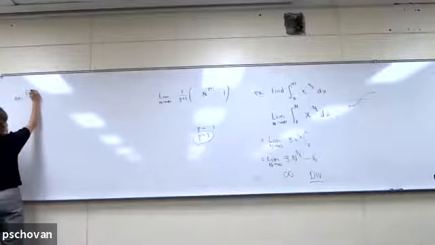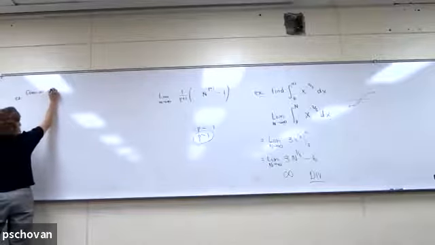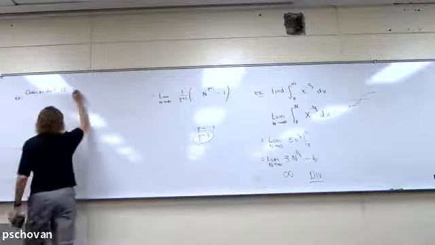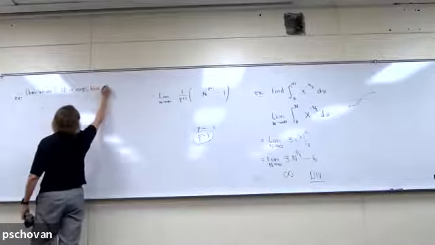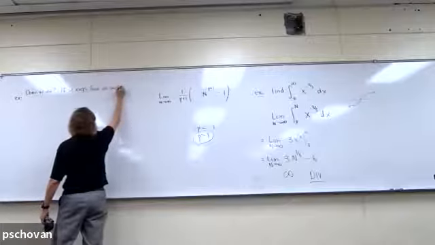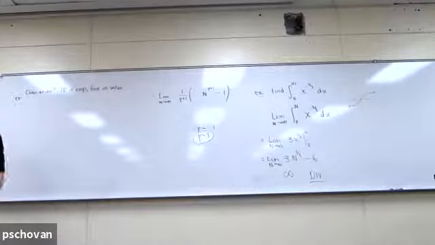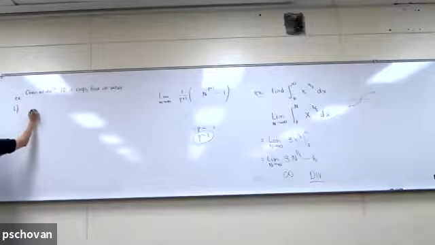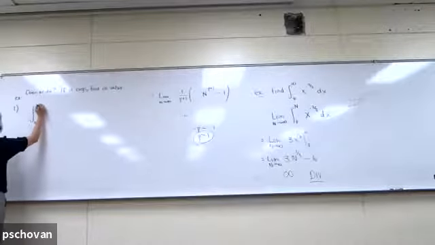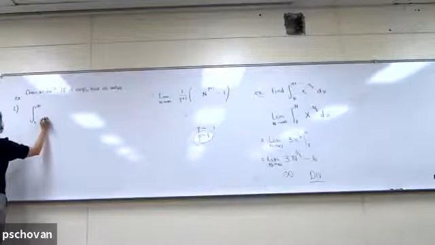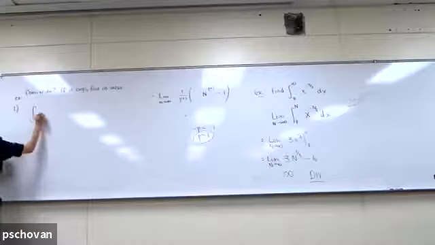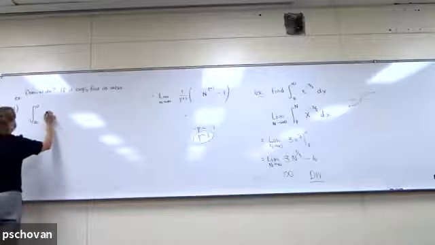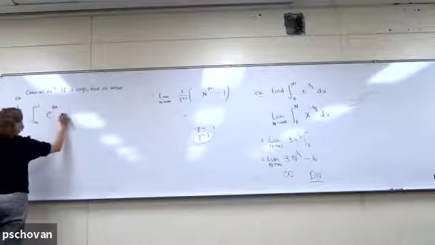In each of the following, the question is converge or diverge. If it converges, find its value. And if it diverges, tell me why. So for the first one here, let's integrate from 0 to infinity. Let's go to minus infinity. Let's go from minus infinity to 0 of e to the 4x dx.